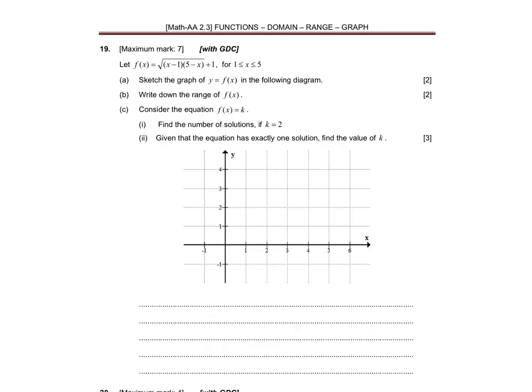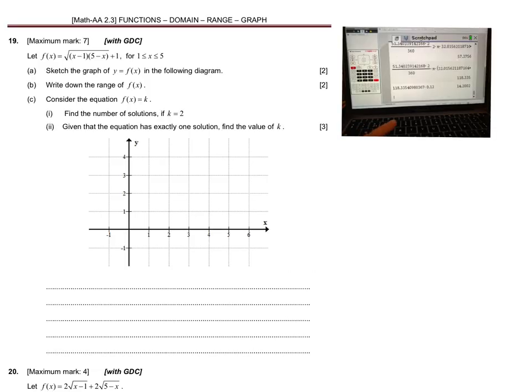All right, for this one, this is with the graphing calculator. So we want to sketch it. Okay, so if we go to the graph, we can go menu and then clear all this stuff. Okay, and then we're going to tab, and we want to put in square root of bracket x minus 1 close bracket.